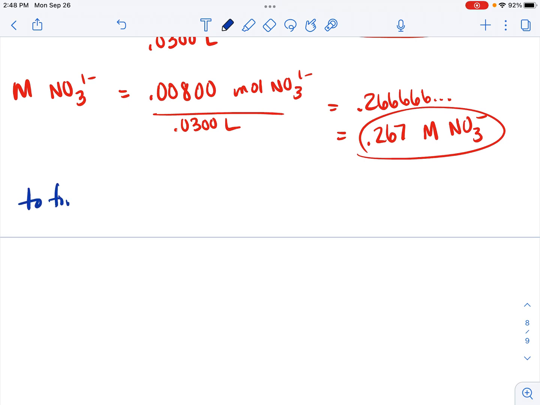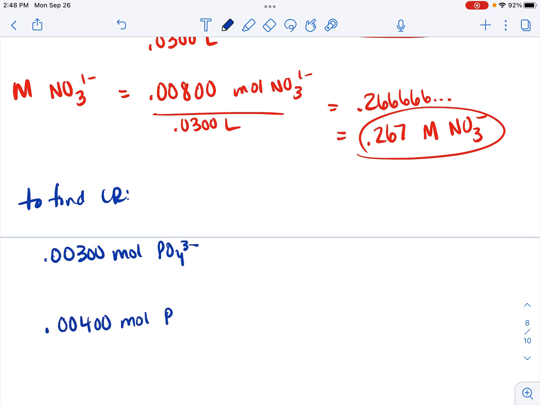To find the limiting reactant, I'm going to start with my 0.00300 moles of phosphate ions and my other reactant, lead, 0.00400 moles of lead 2 ions. And I'm going to figure out how many moles, or even grams if I want to, of precipitate would form. This is my product, right?